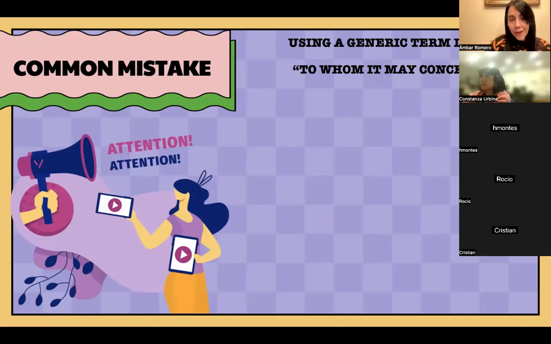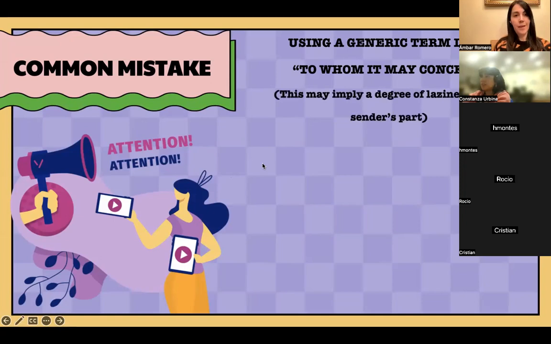Okay, well, it's a very, very common phrase. But there is a problem when you are using this phrase, because you use it instead of saying dear, for example, dear Miss Urbina, right? I am trying to be more formal and I write to whom it may concern. I'm looking for a job and I write to whom it may concern.